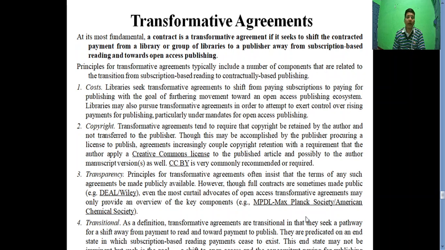This end state may not be imminent, but such is the goal: a shift to open access and the concomitant paying for publishing rather than reading.